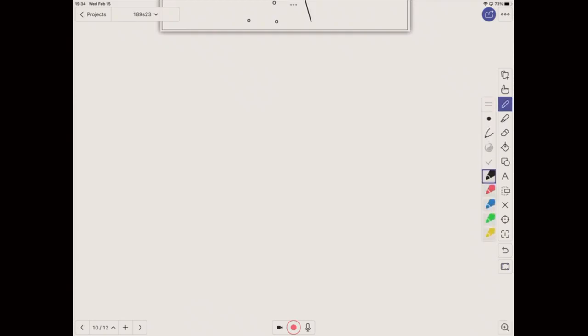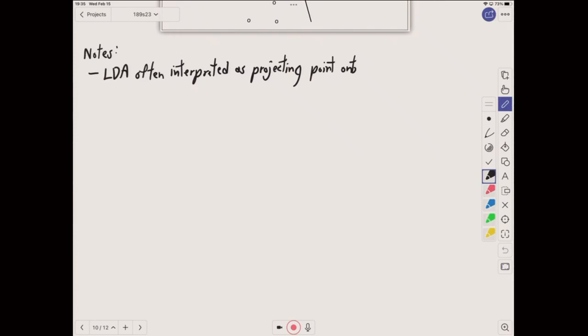All right, so now that we know what LDA and QDA are, I want to say a bunch of different things about them and how you can think about them, how they're used in practice, etc. So first of all, when I was looking at the statistics literature on this, I noticed that for some reason statisticians really like to interpret LDA as taking a bunch of points and projecting them onto essentially the normal vector.